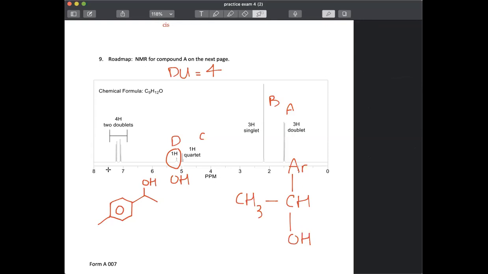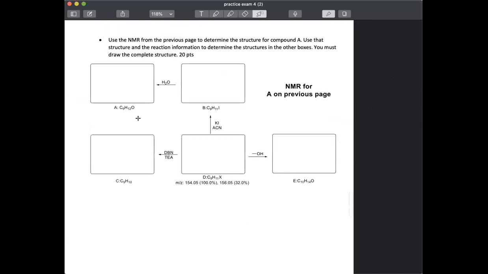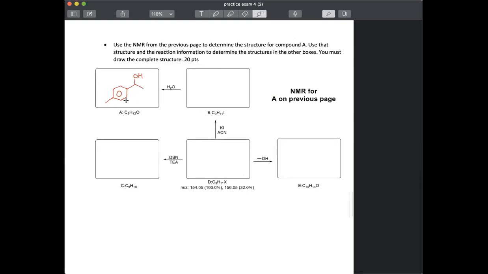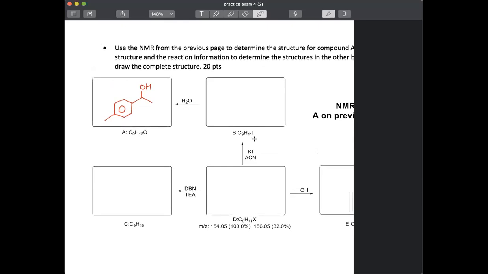Cool, all right. So if we work backwards, this thing is going to react with water, and we're going to make this. Look at the formulas. We're going from some alkyl halide to an alcohol.